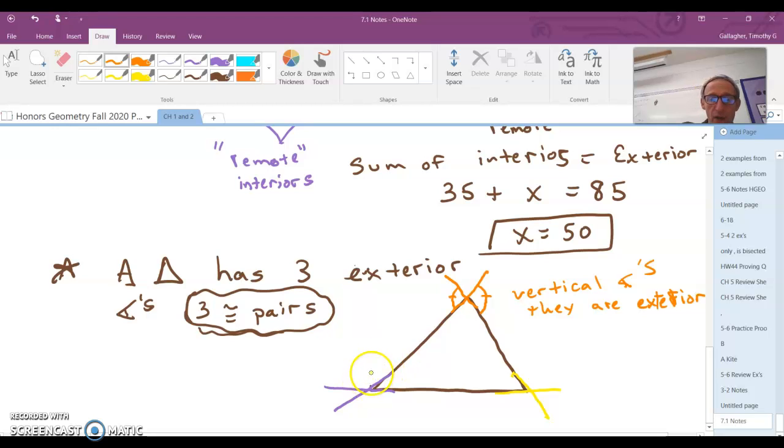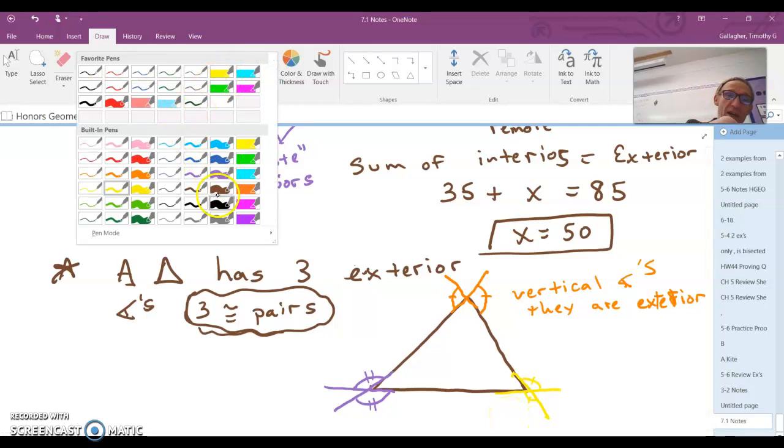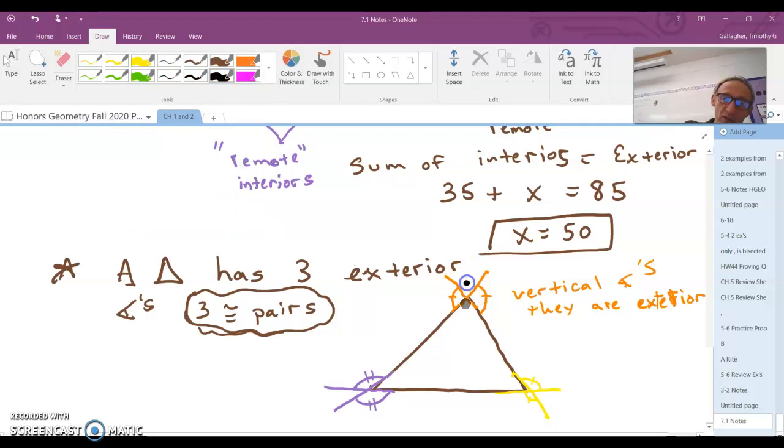So each one of these angles has a pair of exteriors that are vertical, that are equal. And what's neat about this too, I think, is that these two angles are equal, which is the interior, and then these two here.